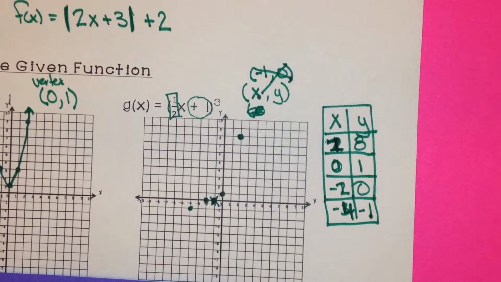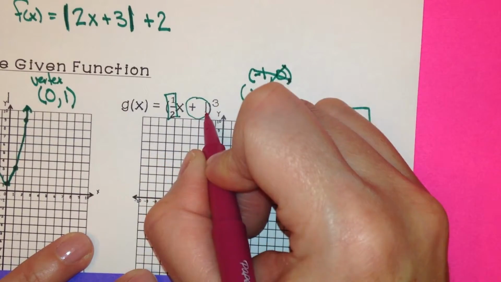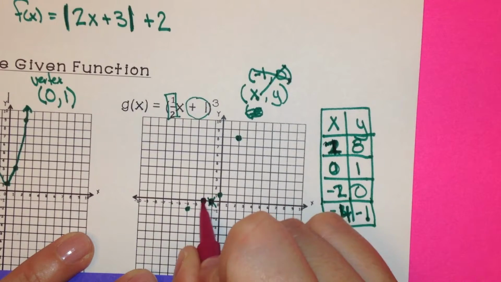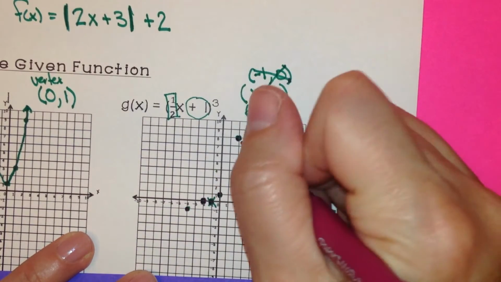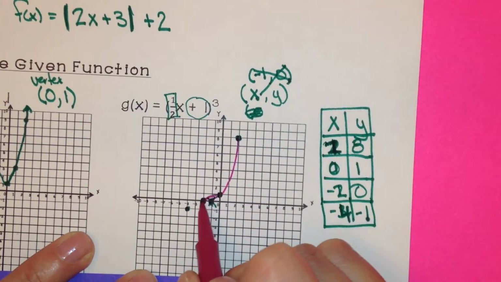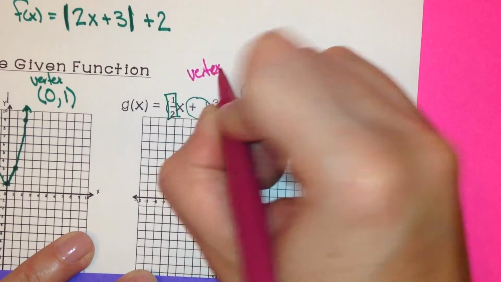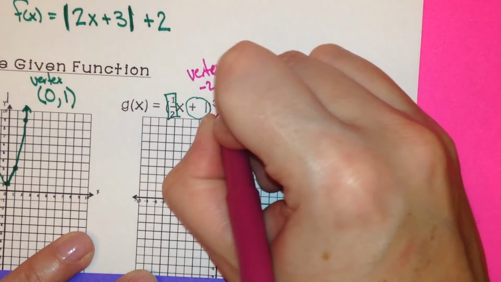If I had taken that into account, that -1, and multiplied it times 2, it would have been at -2. All right, so our vertex is actually at x is -2, y is 0.